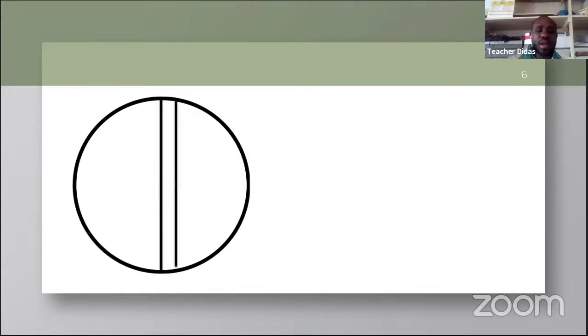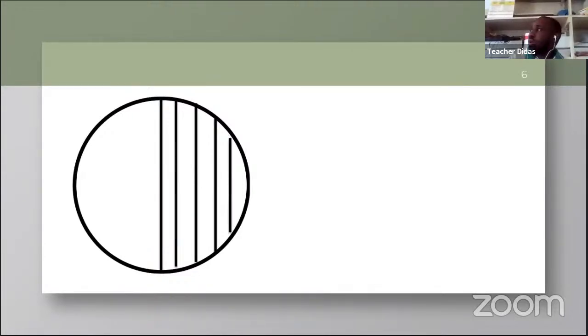When I shade this part here, I've shaded one part, but in total, the parts were 2. So that fraction is called a half.